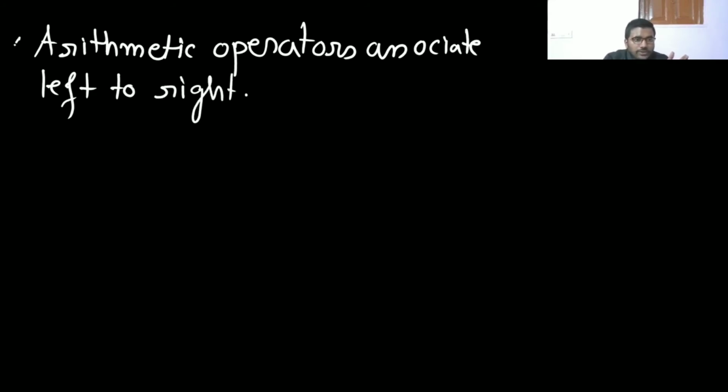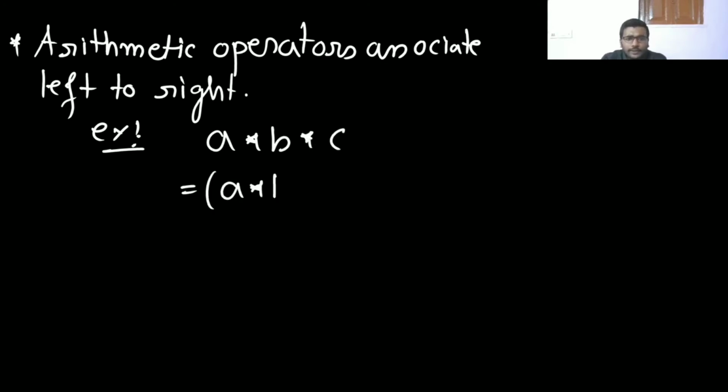It will do the execution from left to right. Example, if you are having A into B into C, you should do A into B, then after that you will get some result, let's say D, then D into C. In this way you can do, because even the precedence of this is same because both have plus.